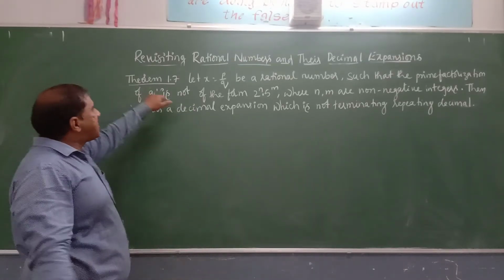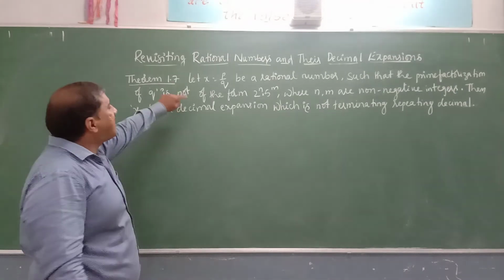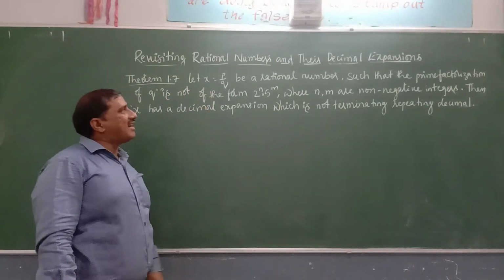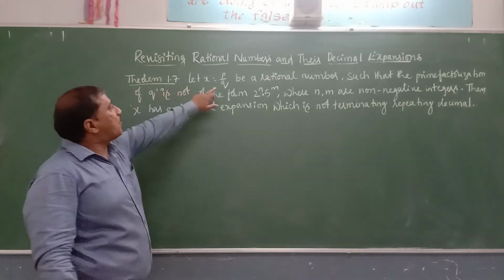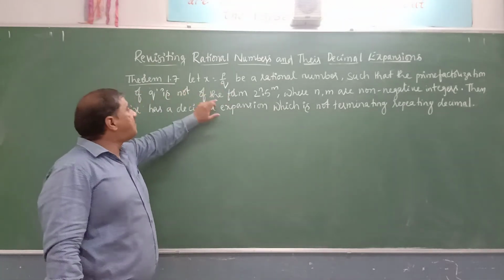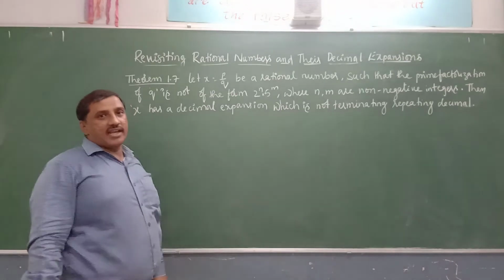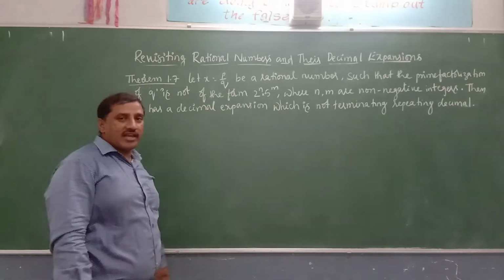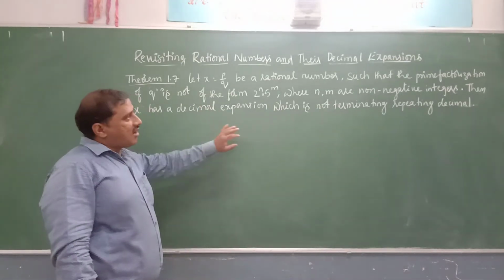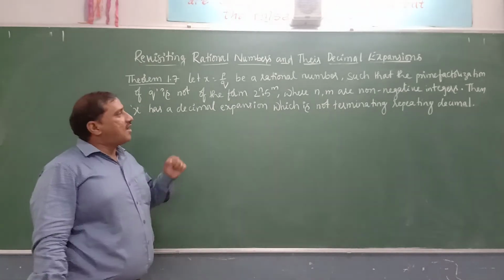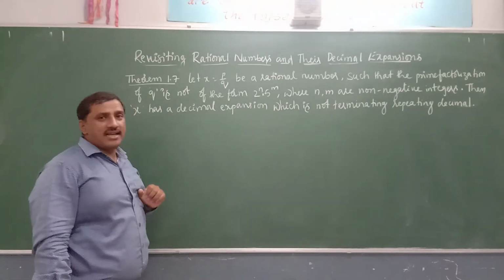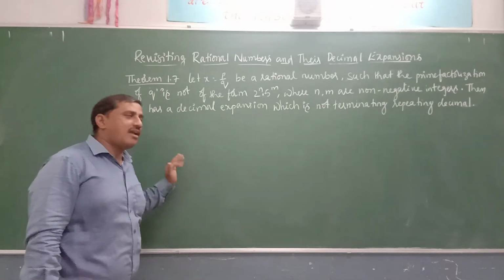Now, Theorem 1.7 states that let x equal p by q be a rational number such that the prime factorization of q, that is the denominator, is not of the form 2 to the power of n into 5 to the power of m, where n, m are non-negative integers. Then x has a decimal expansion which is non-terminating, repeating, or recurring.